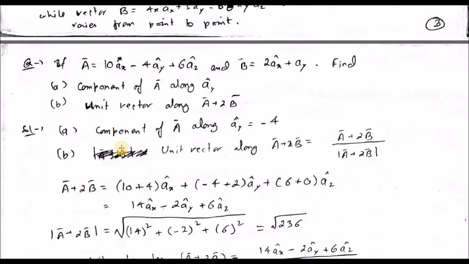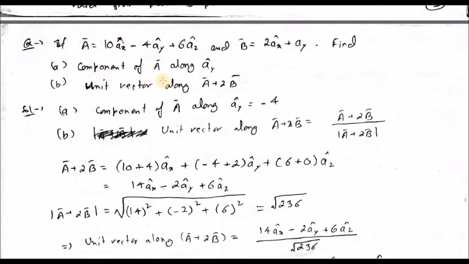Now let's see some problems. If A is 10ax minus 4ay plus 6az and B is 2ax plus ay, then you have to find the component of A along ay and the unit vector along A plus 2B.